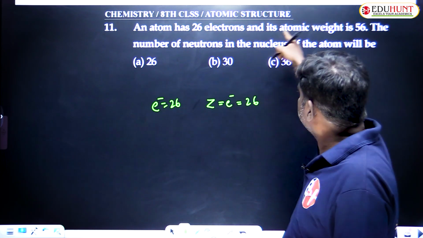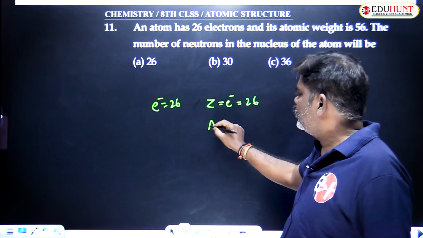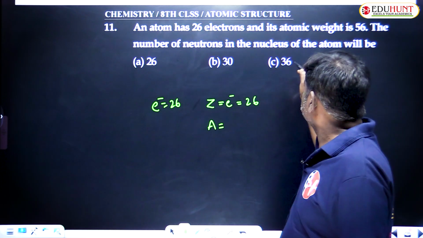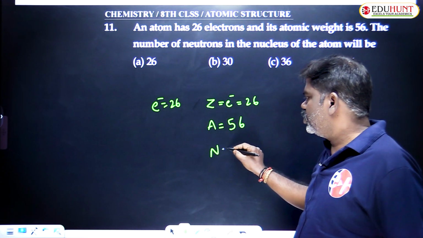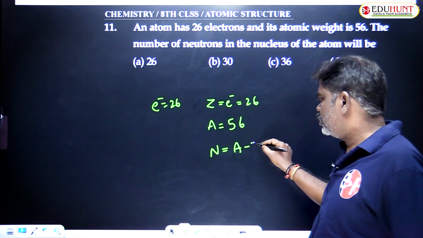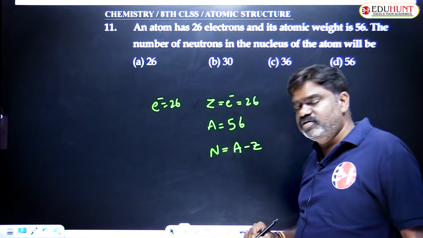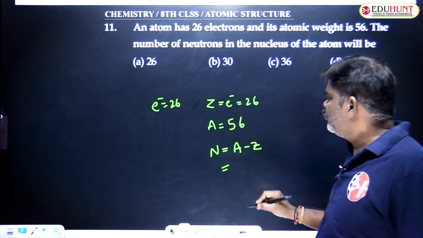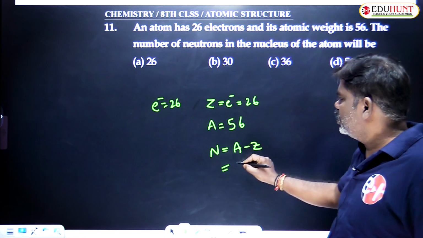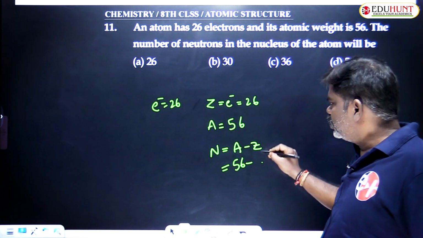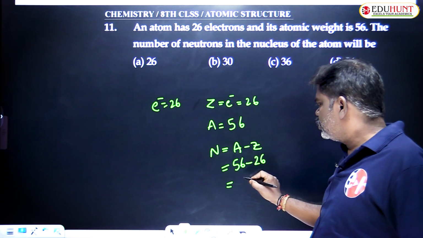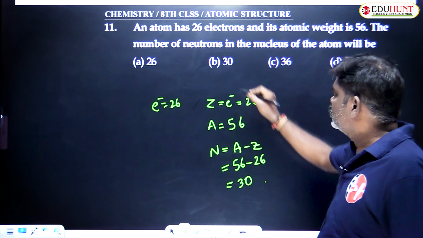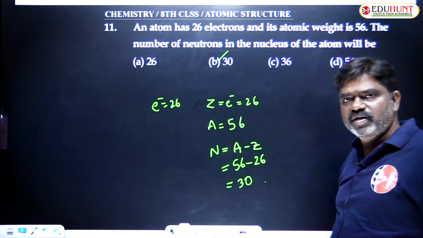Its atomic weight, mass number A, is given as 56. The number of neutrons is A minus Z. A is 56 and Z is 26, so 56 minus 26 is 30. So the answer is 30.